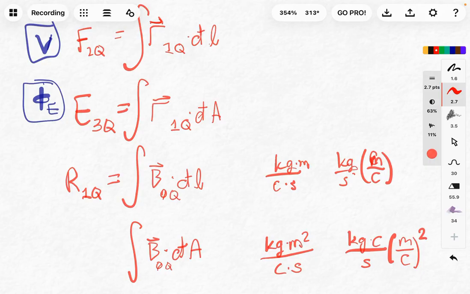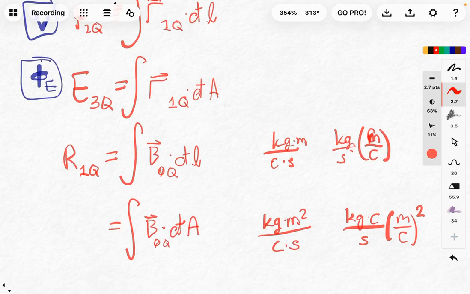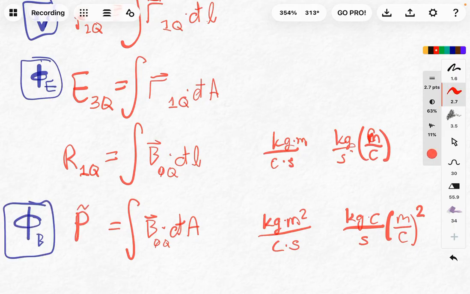And here, this will actually end up becoming momentum. So I should actually mention that this is the magnetic flux. I'll put a tilde over this P in order to not confuse it with power. So that'd be P2Q. So this ends up comparing itself to momentum.